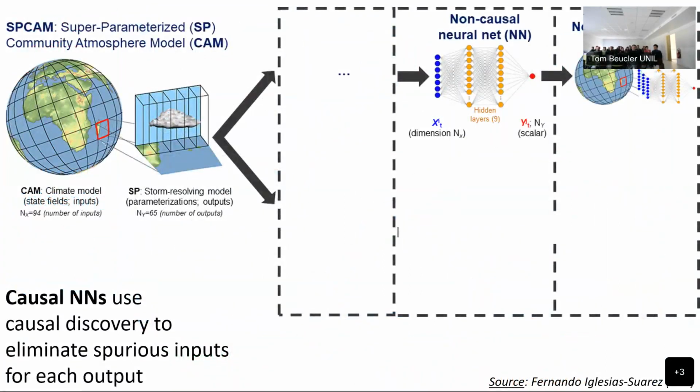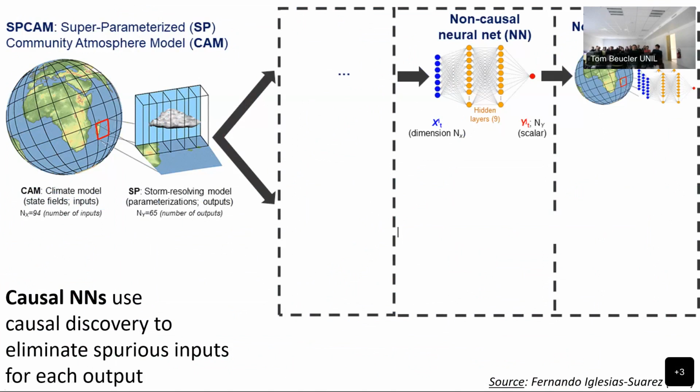Okay, so now what we want to compare is non-causal neural networks and causal neural networks. We're going to change our baseline a little bit. Since for every child we want to identify a set of parents, now our neural networks are only going to predict one output at a time.